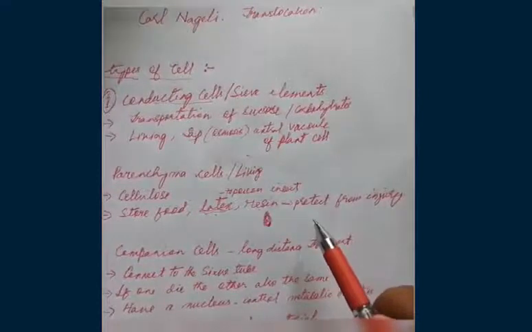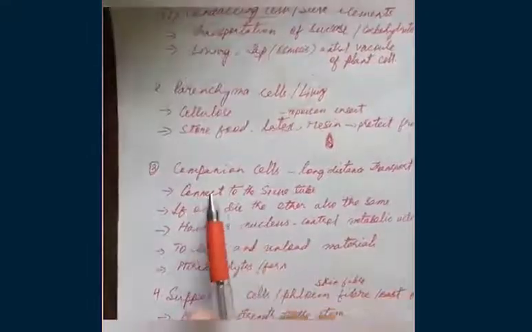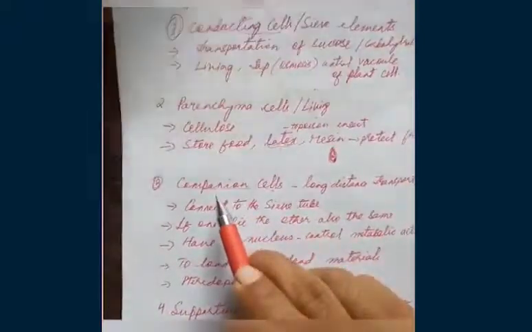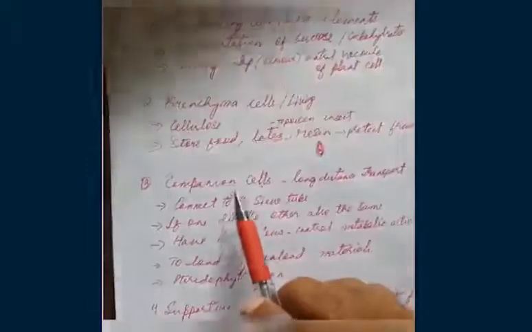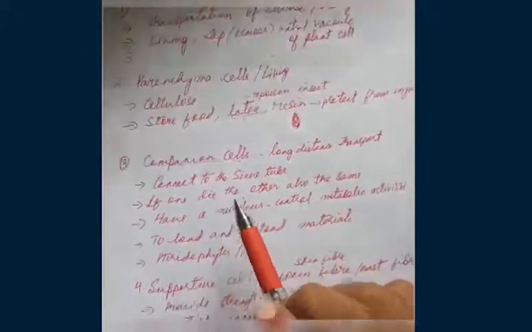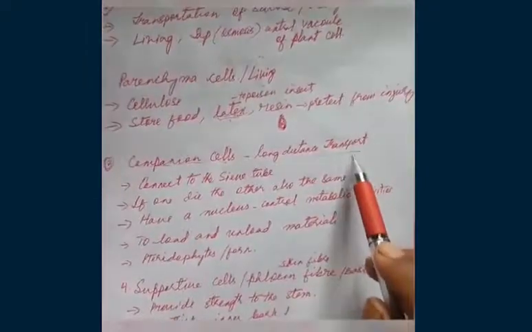Okay, and now let's move to companion cells. By the term companion we understand the meaning is friends, right? Companion means friends. The function of the companion cells is for long distance transportation of food.